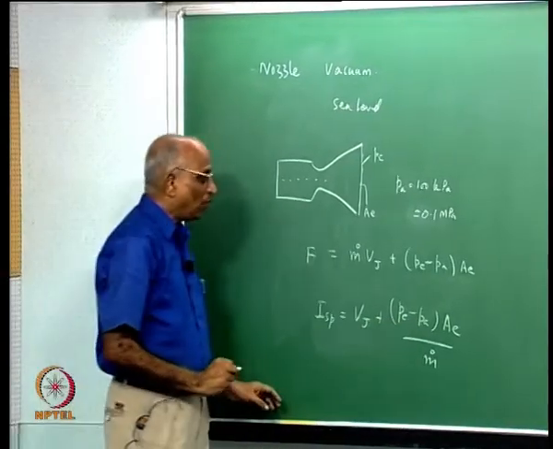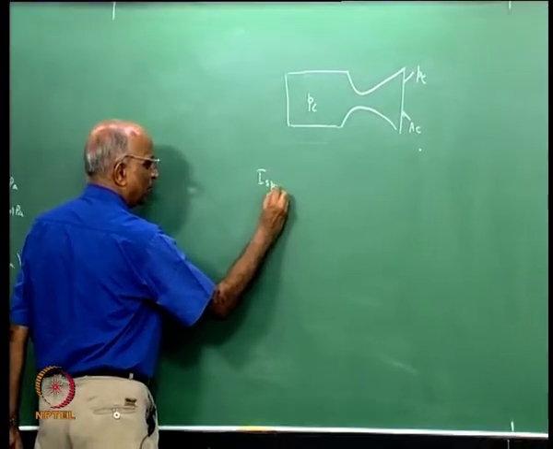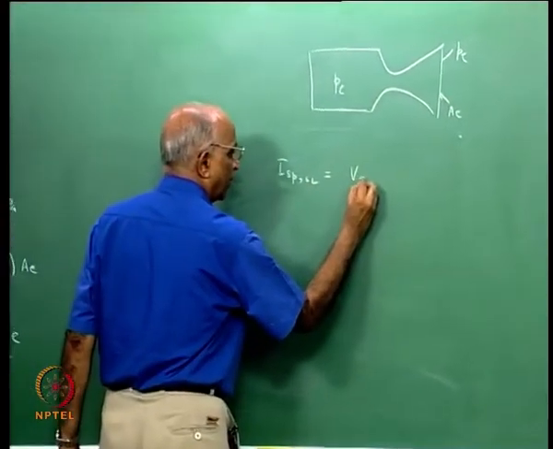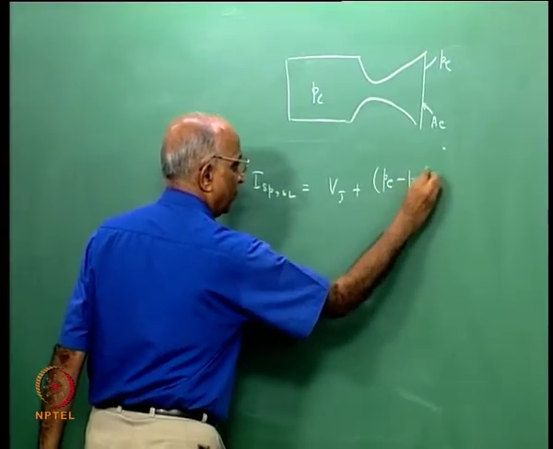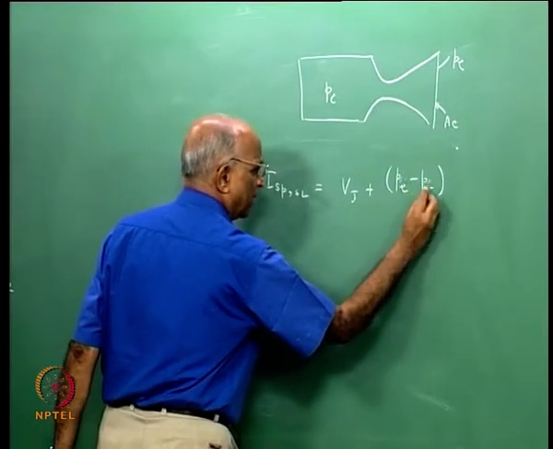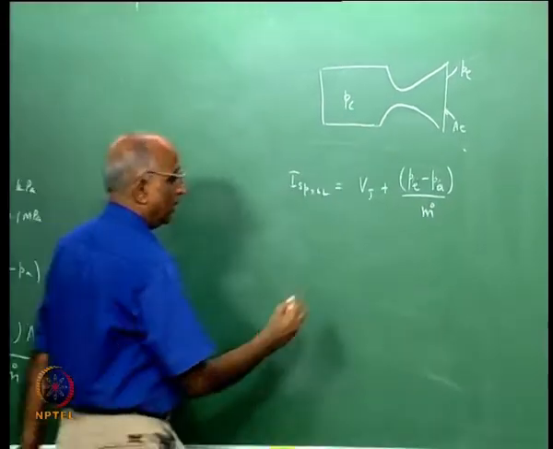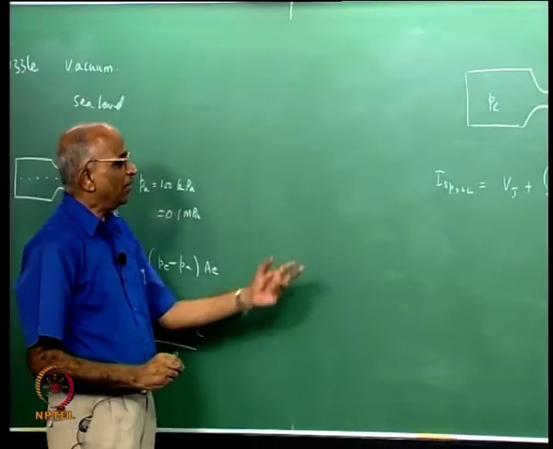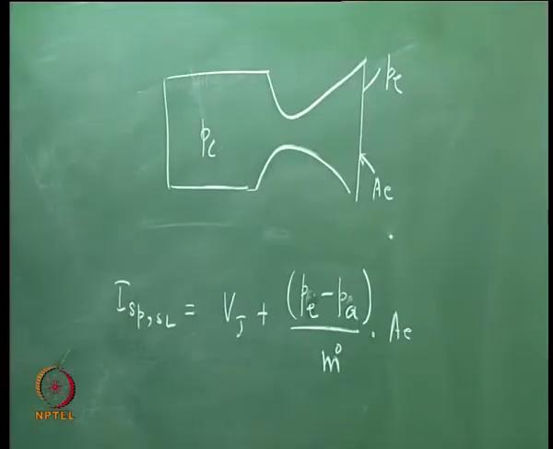Now I want to find out the specific impulse at sea level. Specific impulse at sea level is therefore equal to Vj plus (Pe minus Pa) into Ae divided by m dot. Now what will be the value of specific impulse if the same nozzle functions in vacuum?